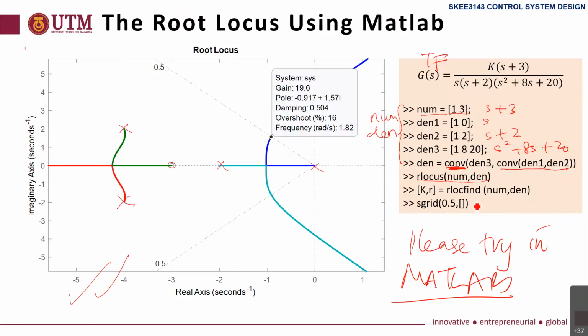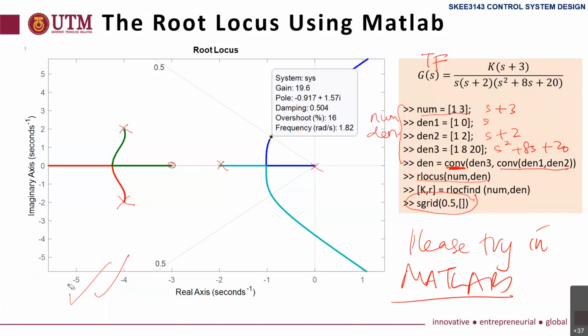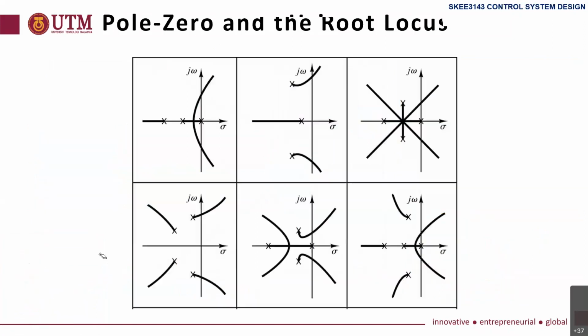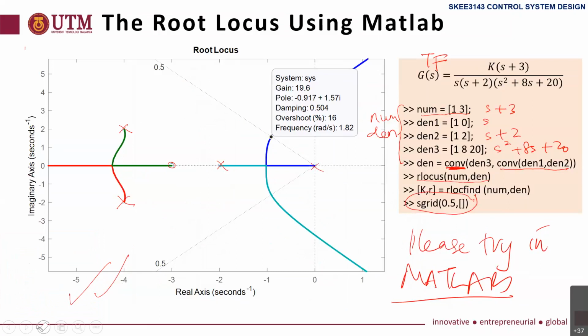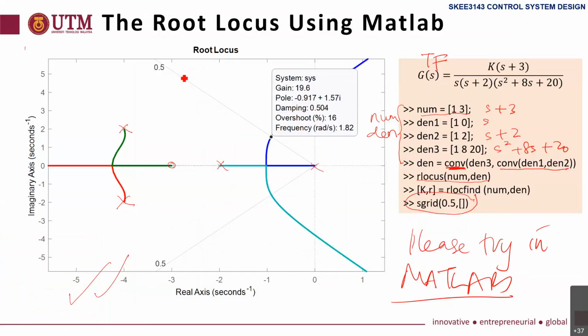The last one is sgrid 0.5, which is to draw the zeta line. Okay, this is to draw zeta line 0.5.